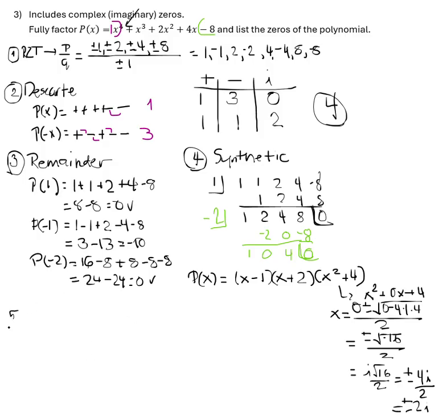So this gives us our factors, our p of x. And again, it's degree 4, so we're looking for 4 linear factors. So it's going to be x minus 1, x plus 2, x minus 2i, and x plus 2i.